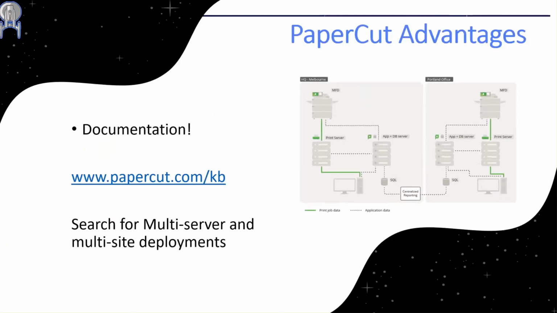Search for that in the knowledge base at www.papercut.com/KB. And you'll see diagrams like the one shown, as well as different scenarios and best practice for the installation. There's even articles on clustering and high availability. I mean, really, who does that?